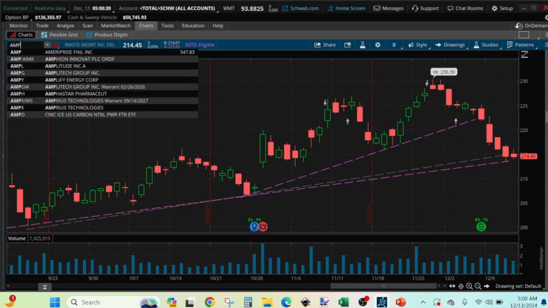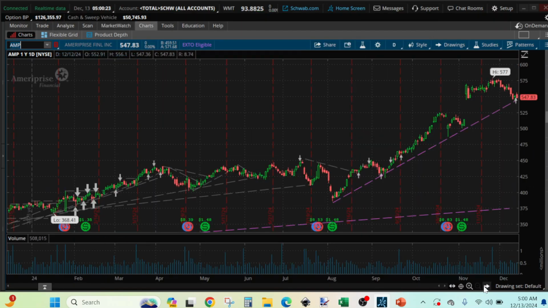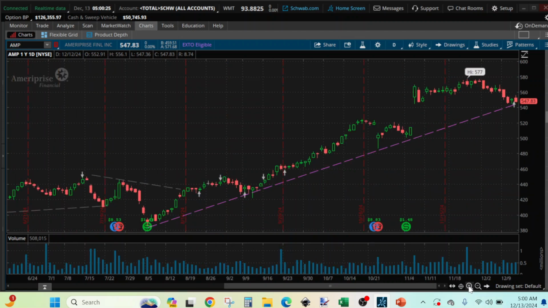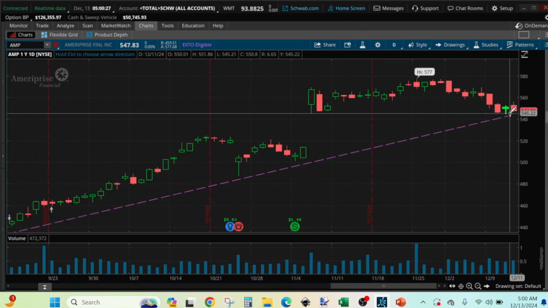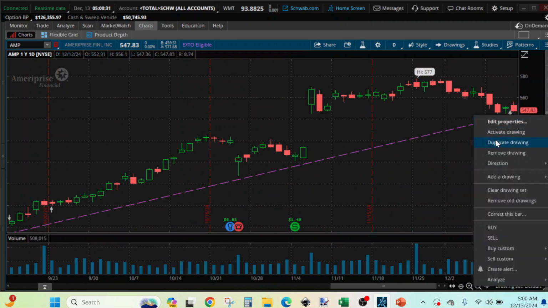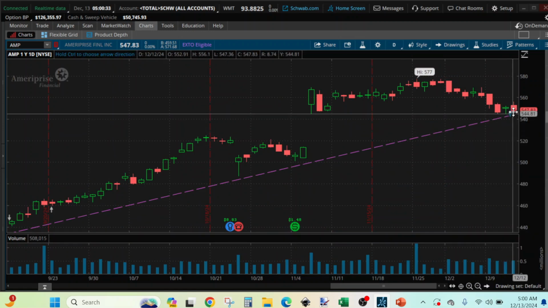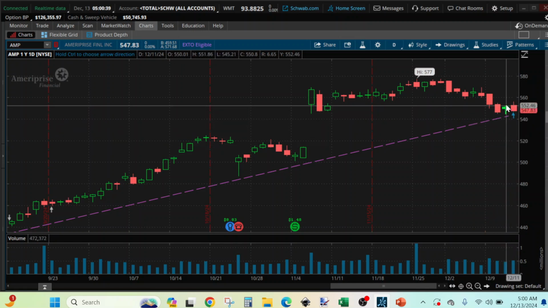So AMP that we bought yesterday, let's see. So we bought it yesterday. We can move this arrow, and as you can see, we placed the order to buy early in the morning before the markets open, and at that time we saw this green bar from the day before.